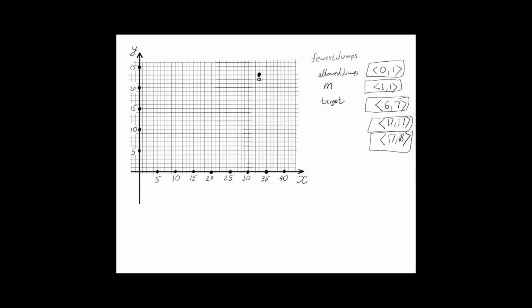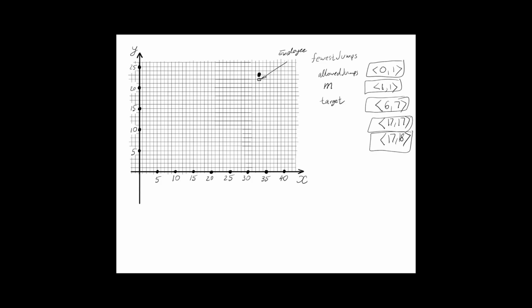And then we will hire an employee. The employee will find the path with fewest jumps from the origin to this point. The employee will then tell us how long this path is.